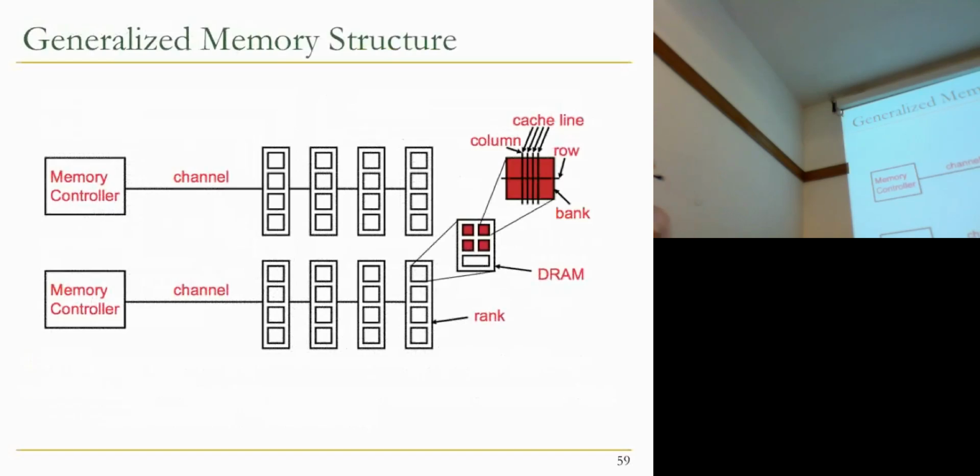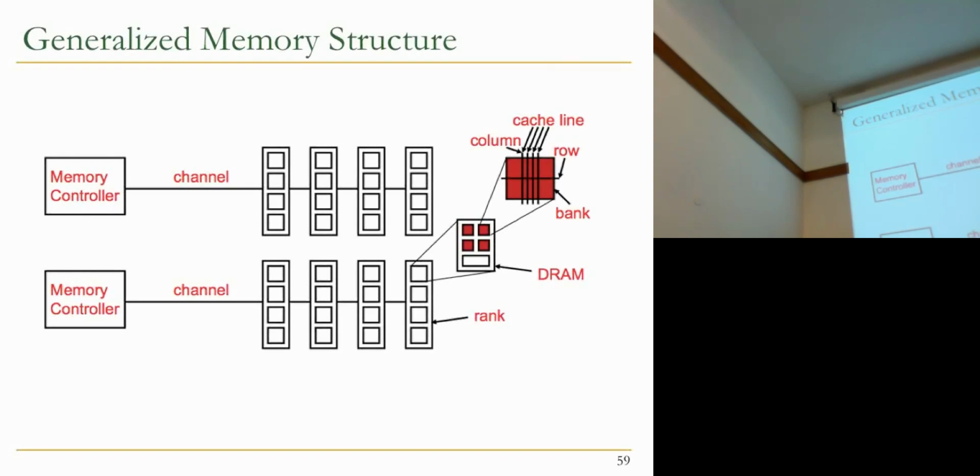Okay, this is, I guess to put things together, a generalized memory structure. Basically, you can have a memory controller controlling a channel consisting of multiple DIMMs. Each of these is a DIMM. And each DIMM actually can have different ranks. In this case, I show you a DIMM with one rank. And then within each DIMM, you have these different banks. And within each bank, you have columns and rows.